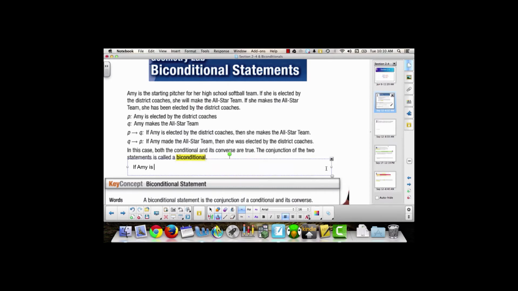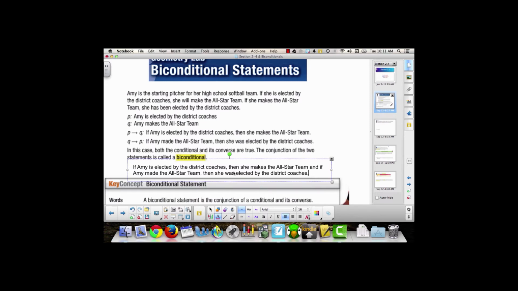if Amy is elected by the district coaches, then she makes the all-star team, and if Amy made the all-star team, then she was elected by the district coaches.